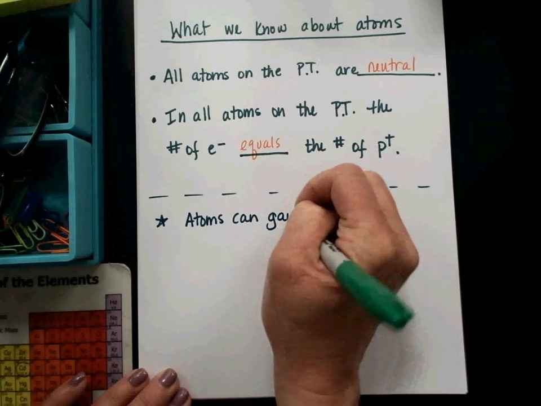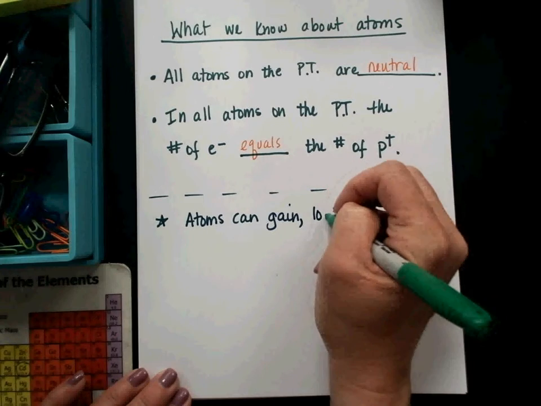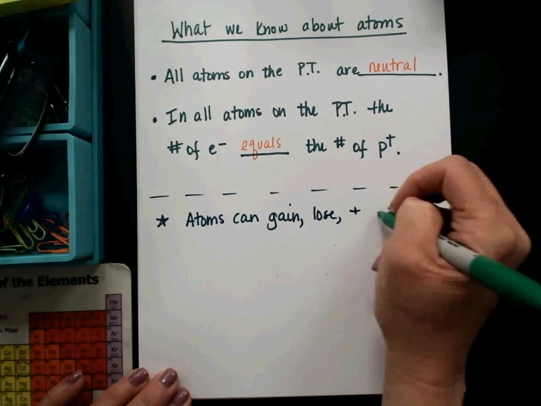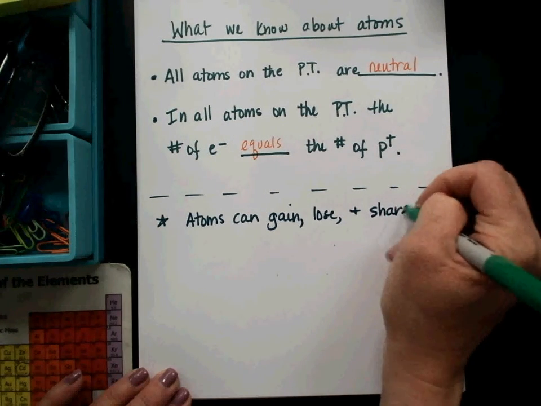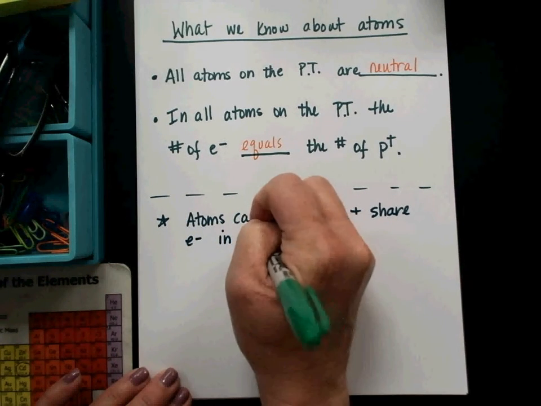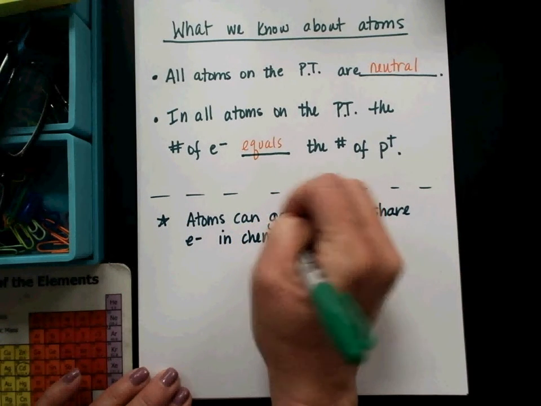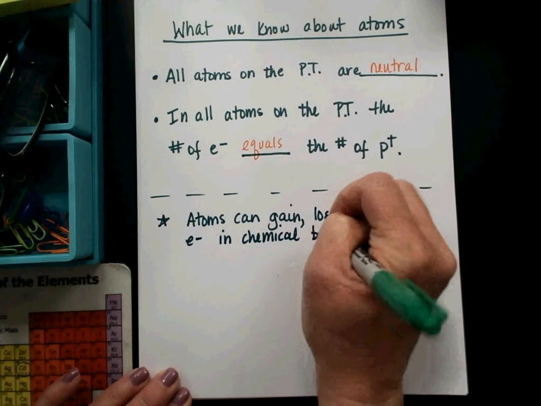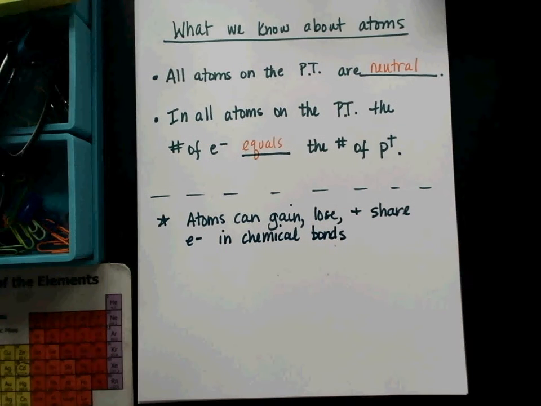Atoms can gain, lose, or share electrons in a chemical bond. Three ways to bond: gain, lose, share.